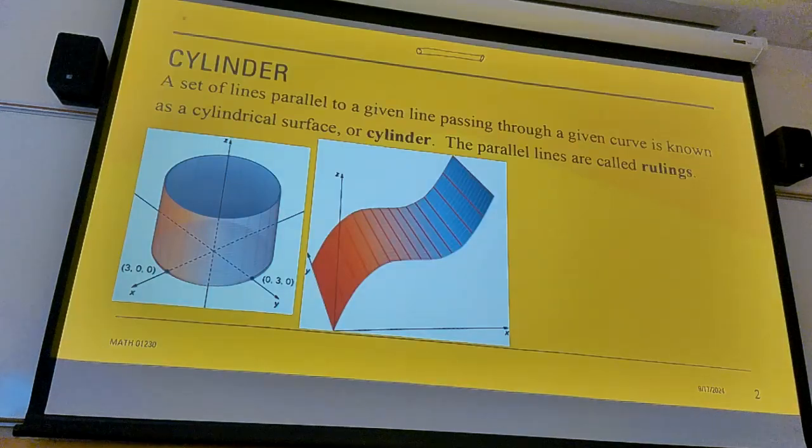Circles can't be parallel. And they're also not lines. The rulings would be the parallel lines. In this case, they'd be parallel to the z-axis. That's what they're all going to be parallel to.